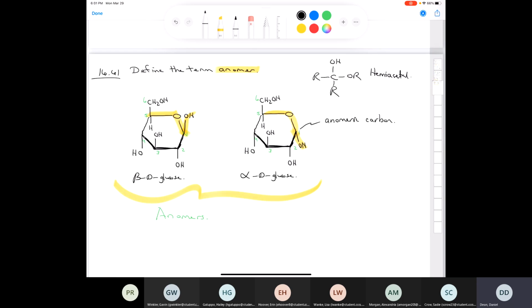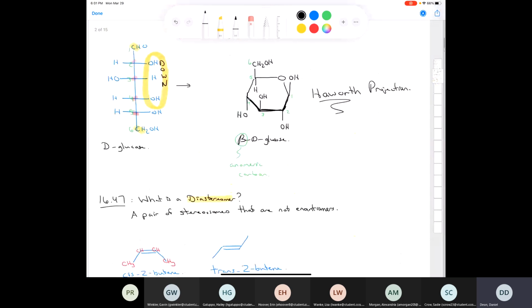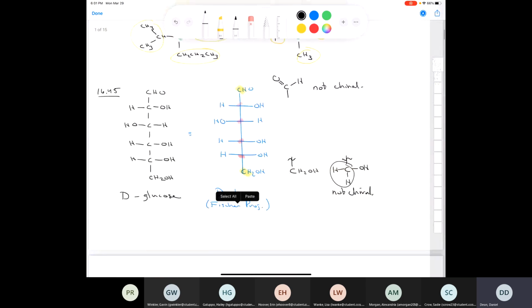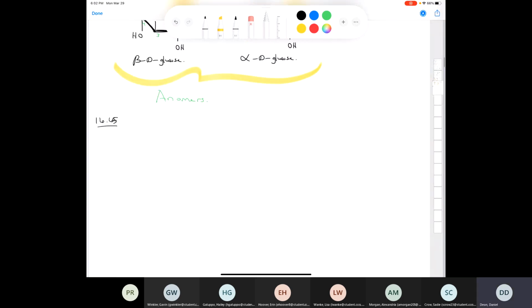Take a look at this one, 16.65. Oh, this is a good question. I don't know if you have your textbook open or not, but 16.65 says this. I'm going to go back here and just copy my D-glucose structure. Maybe I'll delete some of my highlighting on it. It's a really good question. So if I take my D-glucose Fischer projection, and I copy this, and I paste it down here, kind of running out of space here.